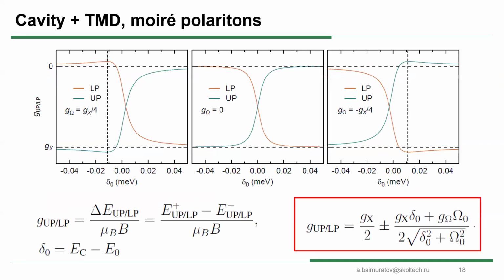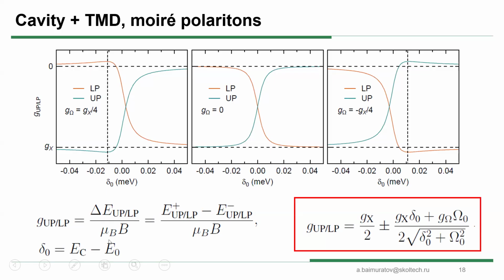Yes, and the main result is that now you can calculate G factors, and we can introduce different parameters. We can do three things, let's say. We can have, again, zero G factor for Rabi splitting, and here you have detuning from the cavity.